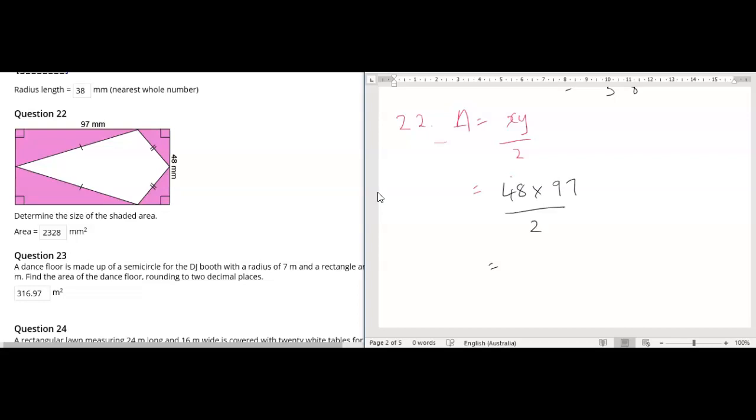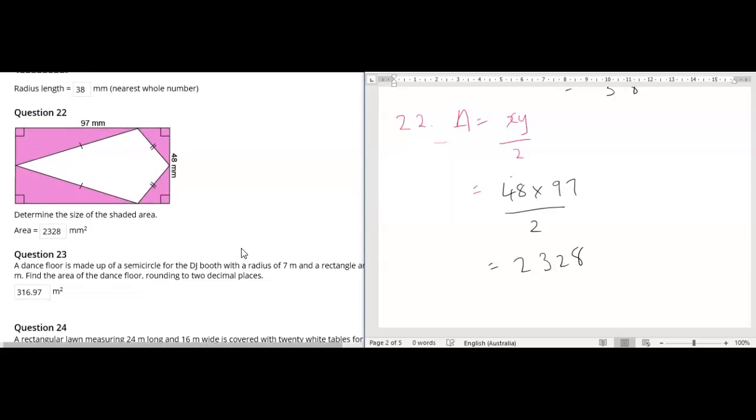I'm going to do that on the calculator. 48 times 97 divided by 2, and you get 2328.